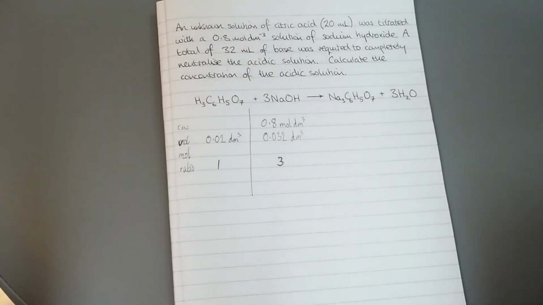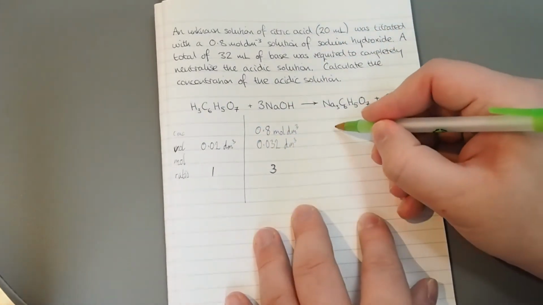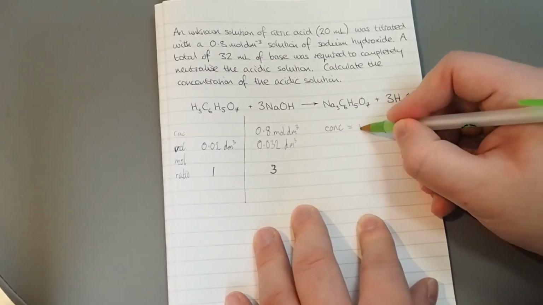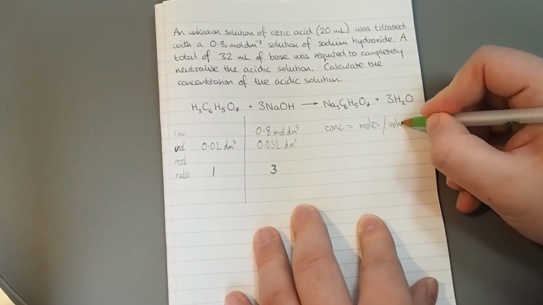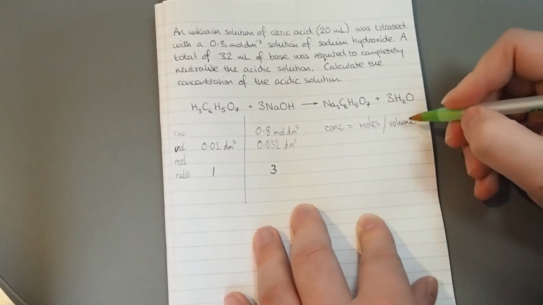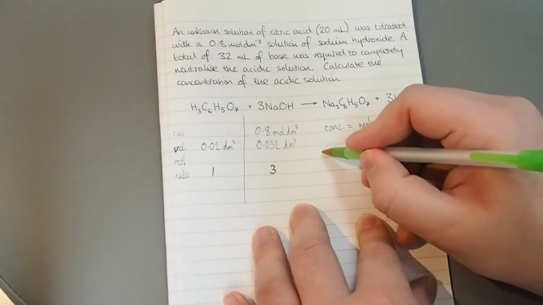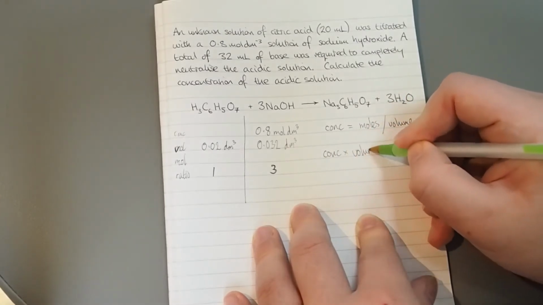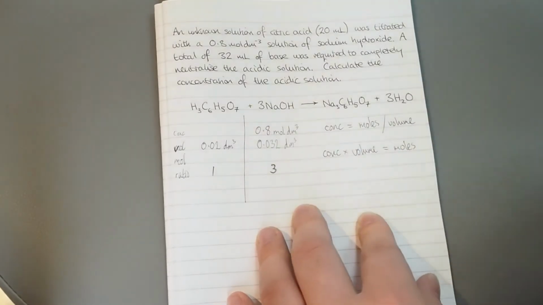Now sometimes it can be useful to write down the equations you might need. Remember, concentration is equal to moles divided by volume. And so we can work out from this, if we times both sides by volume, that conc times volume equals moles.